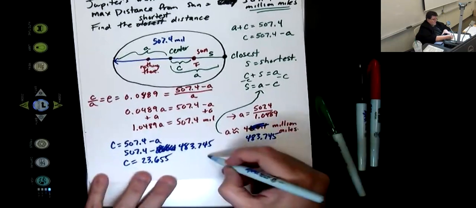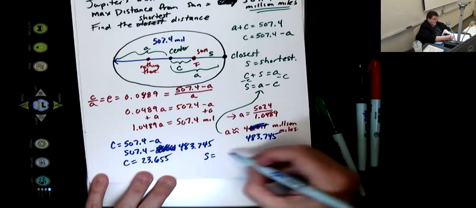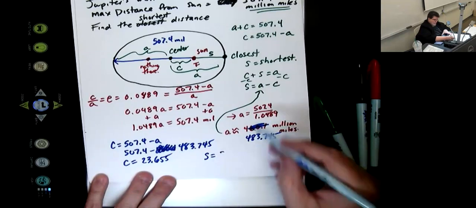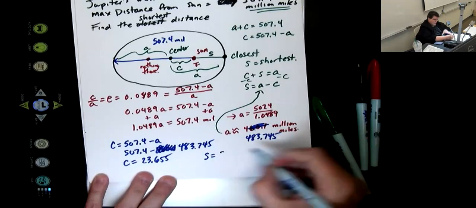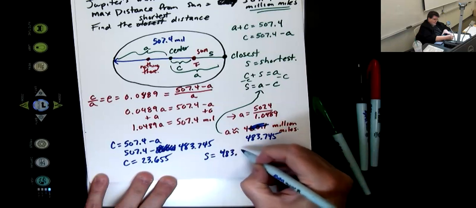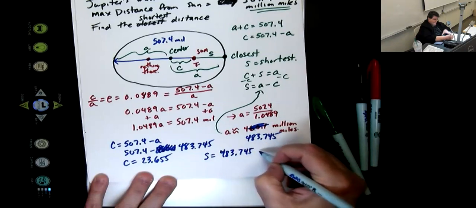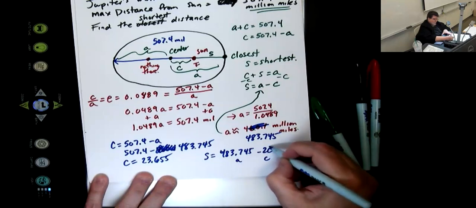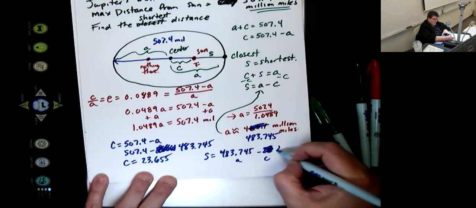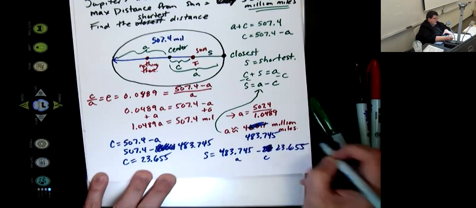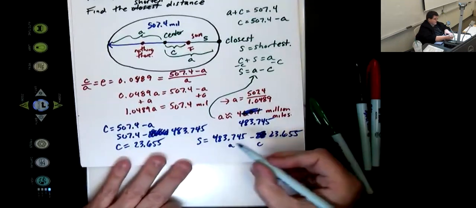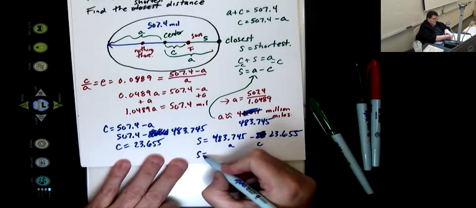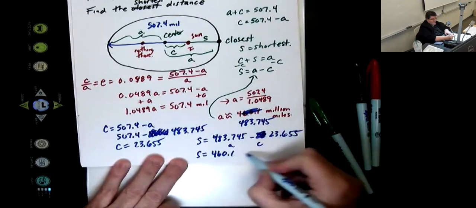So we'll do that with our S. S equals A, which is 483.745, minus C, which is 23.655, and these are in millions. That's where we get the 460.1 million.